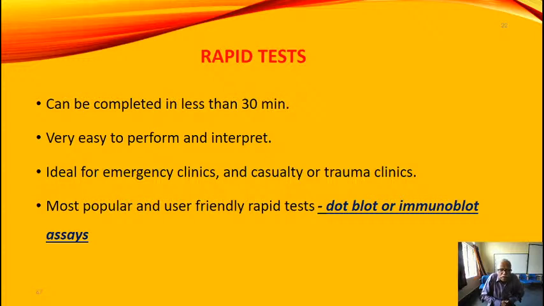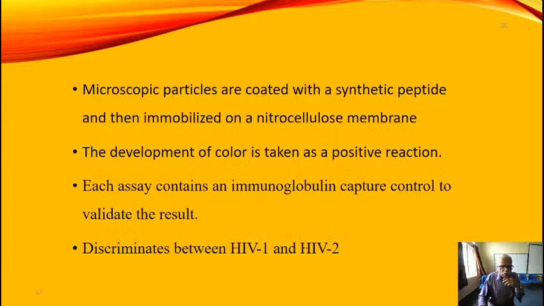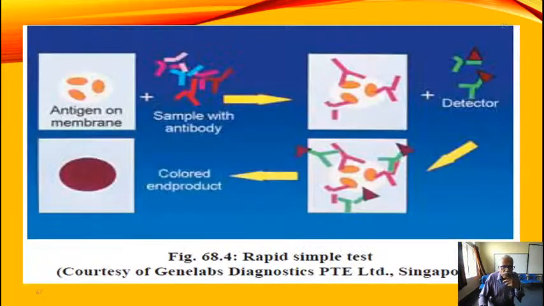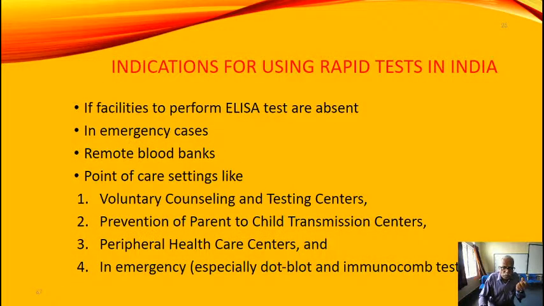Then rapid test. We will be completing this antibody test within 30 minutes. So this discriminates both HIV 1 and 2. They are very easily available and easy to do, even at the point of care.